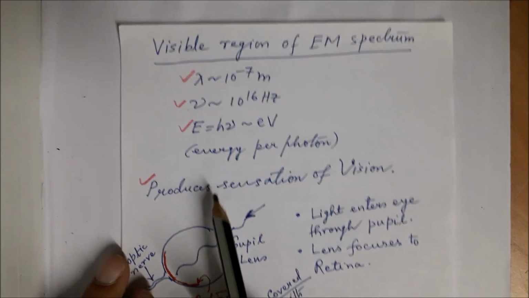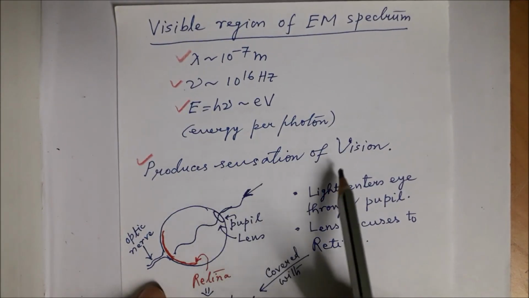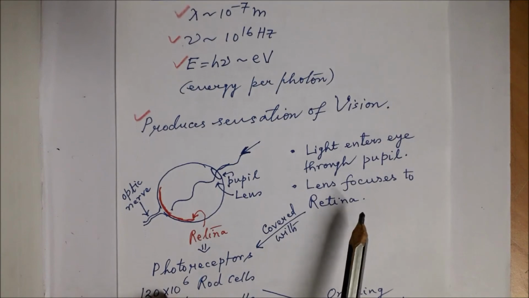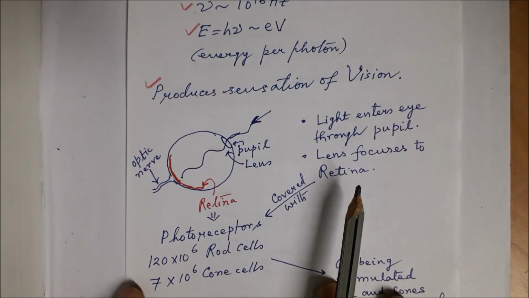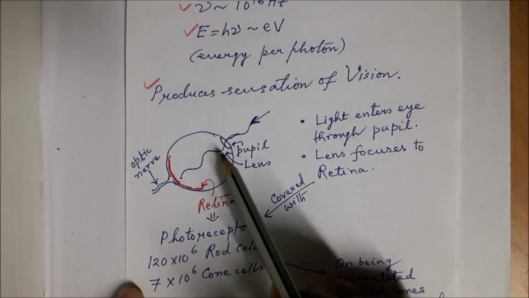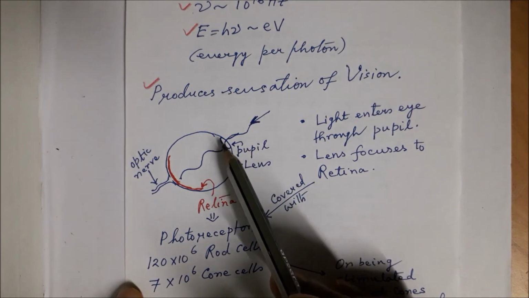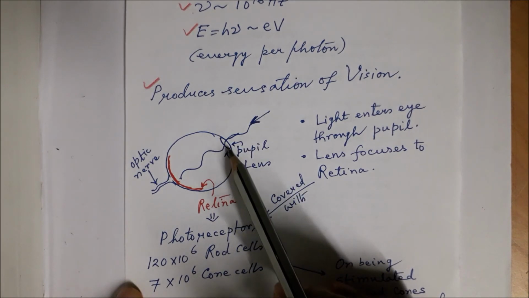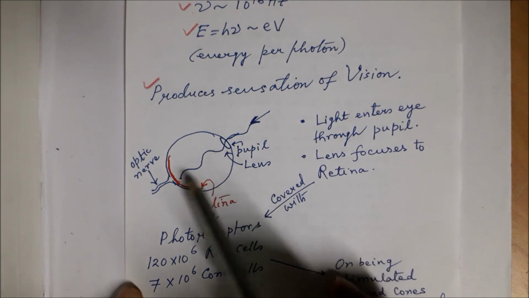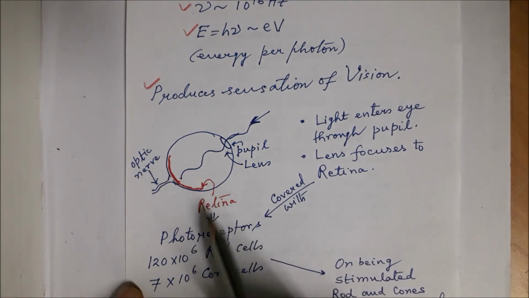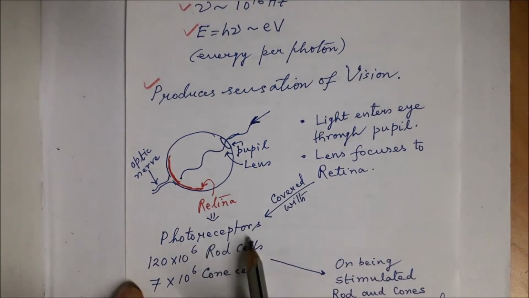Light, as we know, produces the sensation of vision, and the mechanism is that light enters through the pupil of our eye, and there is a lens which focuses light on the retina. The retina contains certain photoreceptors, and the photoreceptors are of two types.